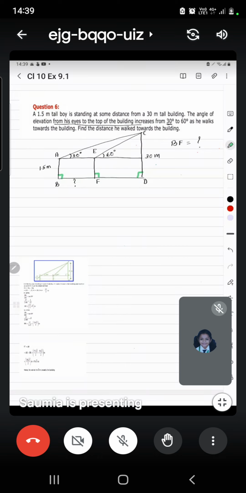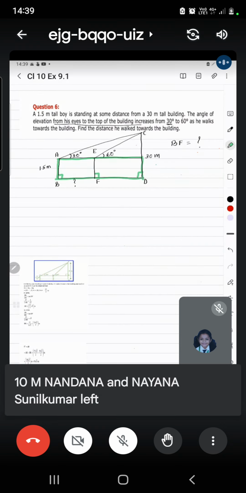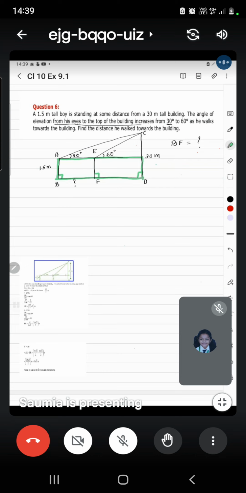Yes or no? Yes. So these are all our right angles. So can I say that this figure is a rectangle? Yes, ma'am. Because the line of vision will be parallel to the ground. The normal line of vision is always parallel to the ground.